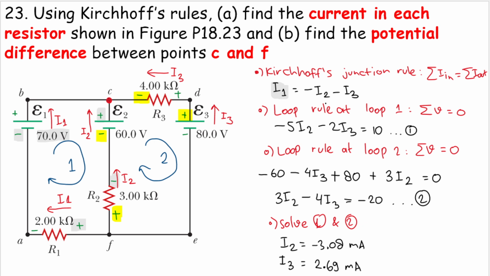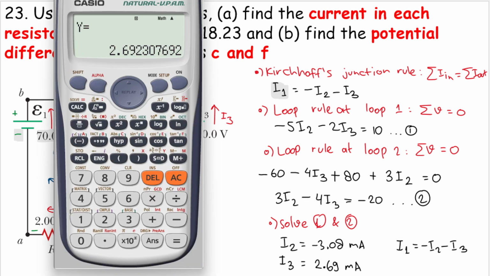And from here we can calculate I1, right? Because I1 is minus I2 minus I3. Okay, minus I2, that will cancel out this sign. So we will have 3.08, and then minus 2.69. And that will be 0.39.